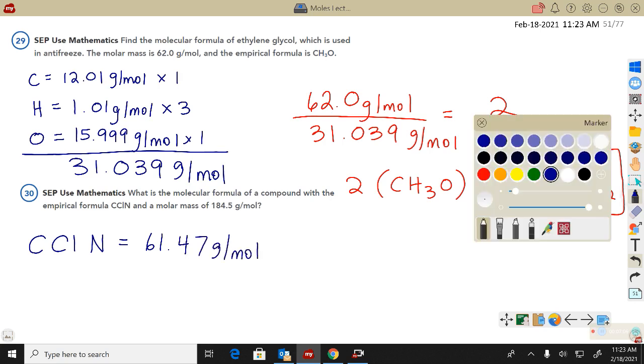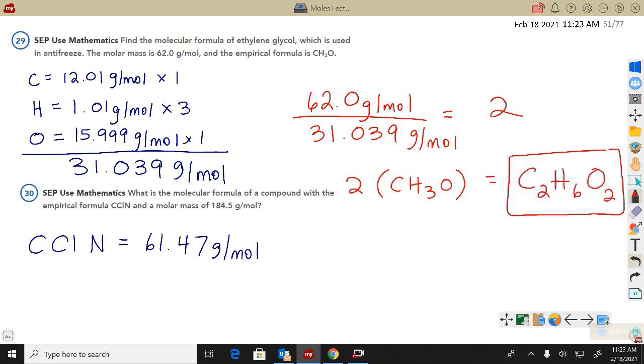Okay, now I'm going to do a little comparison. I'm going to take my larger molecular mass, the 184.5, and divide by my empirical mass, 61.47.